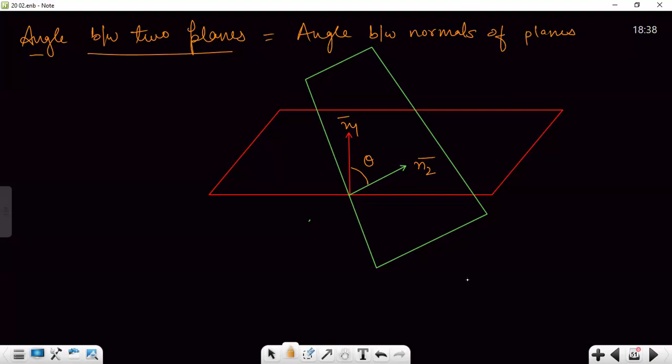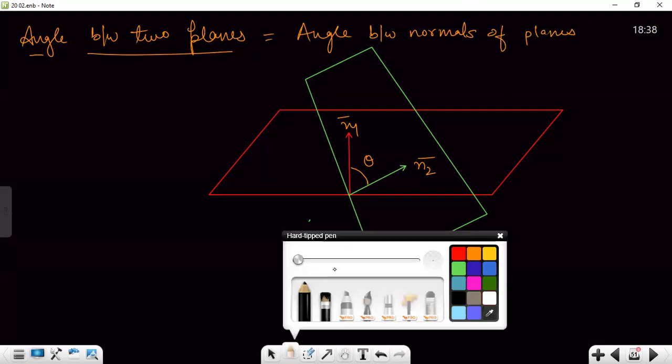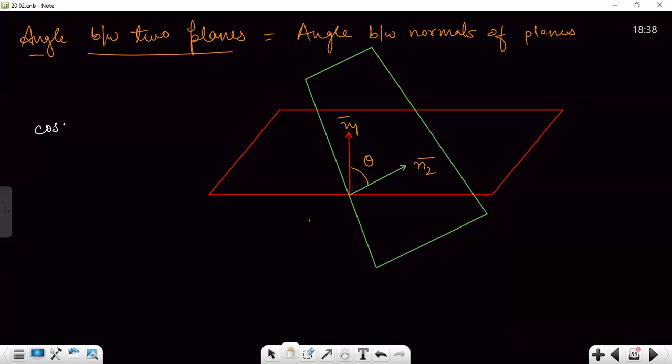How do we find the angle between two vectors? Very easy. Cos theta equals n1 vector dot n2 vector divided by the magnitude of n1 vector and the magnitude of n2 vector. Simple. This is using the vector form.